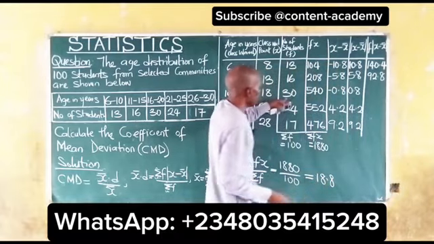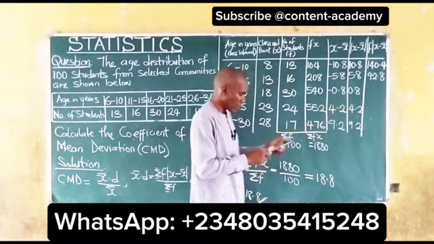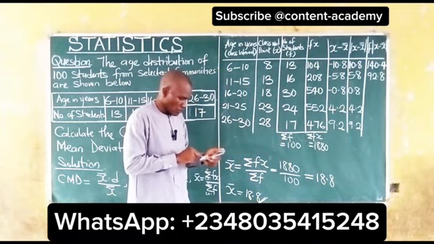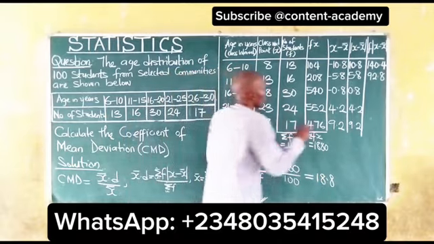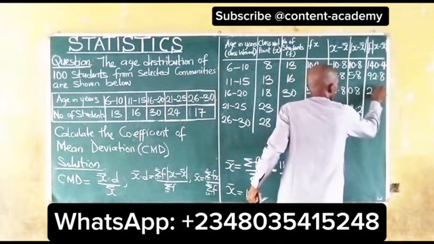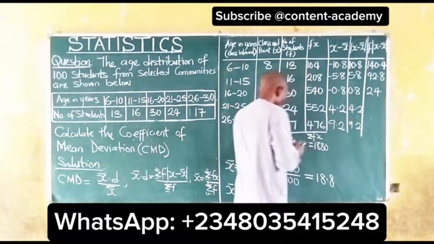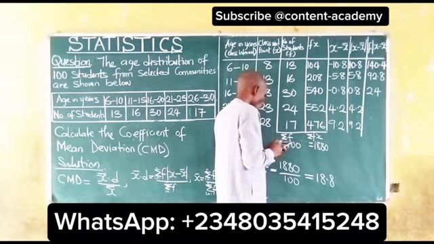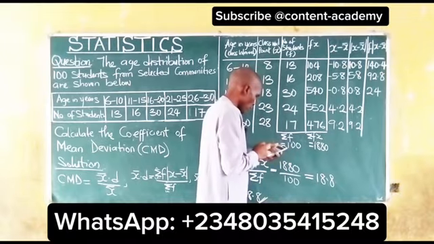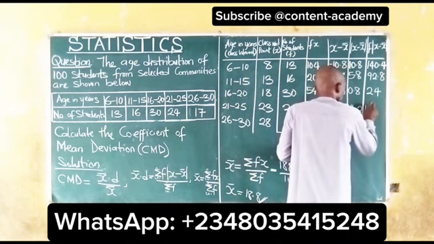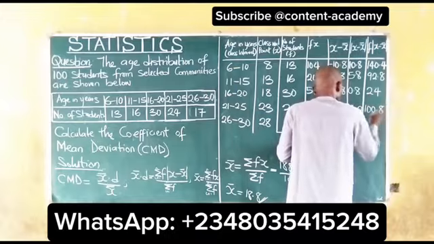Now we have 30 multiplied by 0.8, we have 24. We have 24 multiplied by 4.2, we have 100.8.